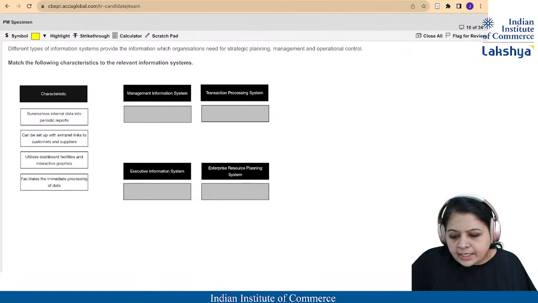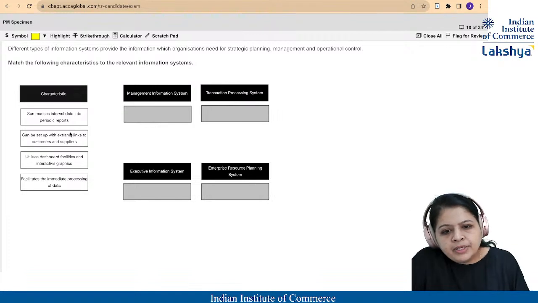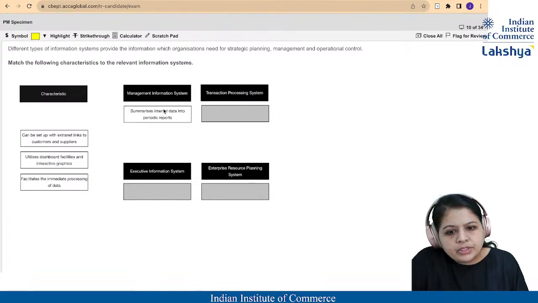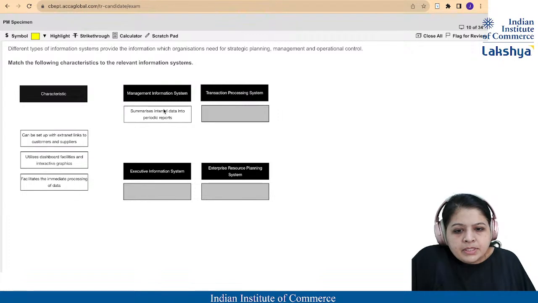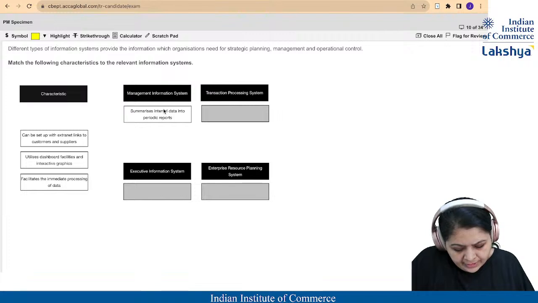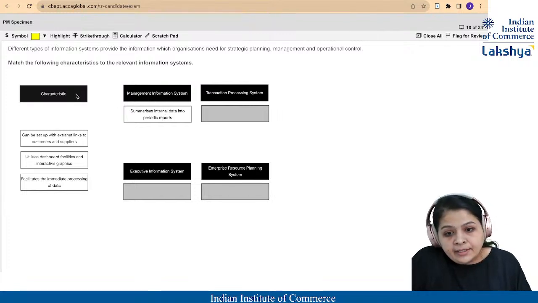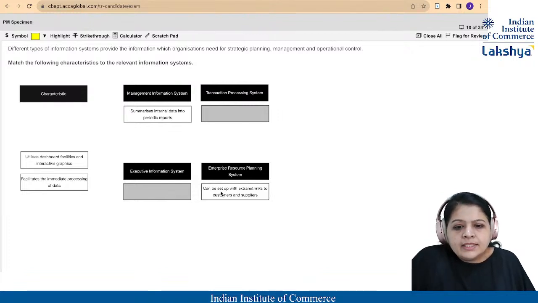Summarizes internal data into periodic records, right? That is where the management information system comes into the picture. Sets up the extranet links for customers and suppliers, right? So this is the one where there is an integration, and that is where ERPS comes into the picture. Utilizes dashboard facilities and interactive graphics.